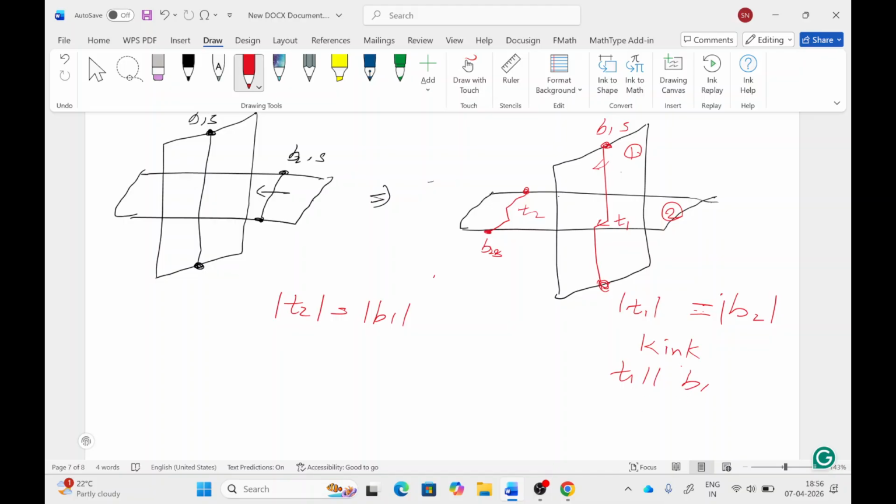So T1 is parallel to B1, so, sorry, the B1 will be in this direction and T2 is in this direction. So T1 will be perpendicular to B1. So the kink will be of edge character.